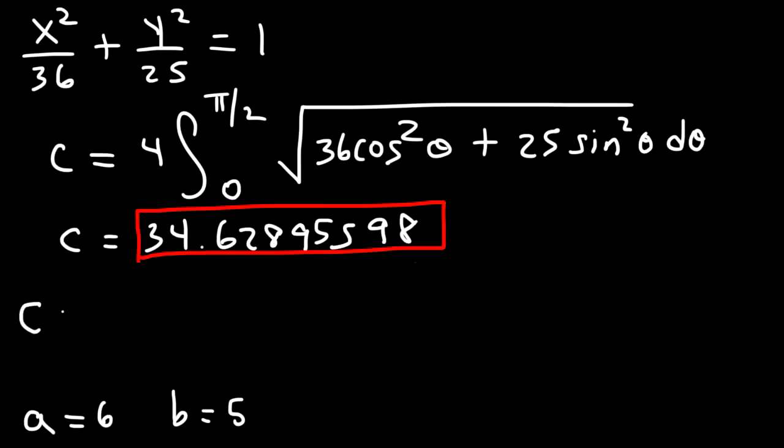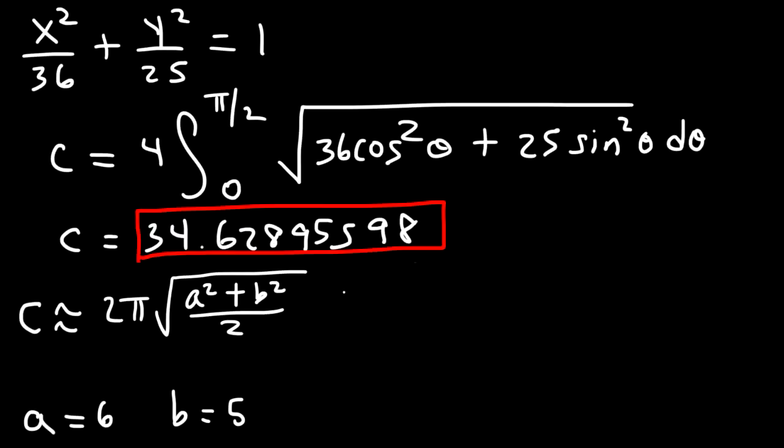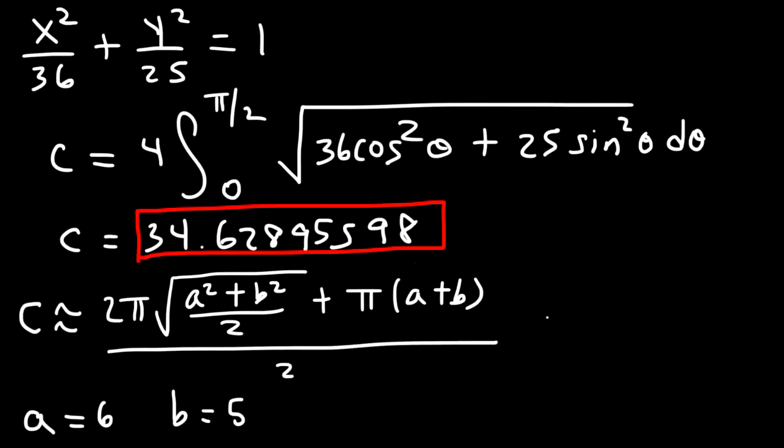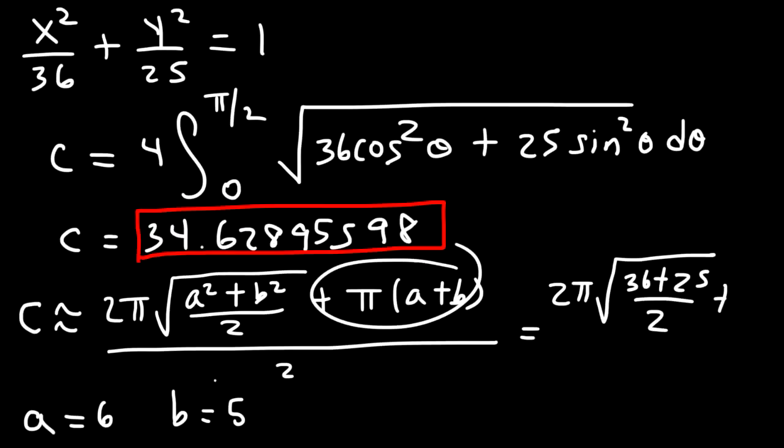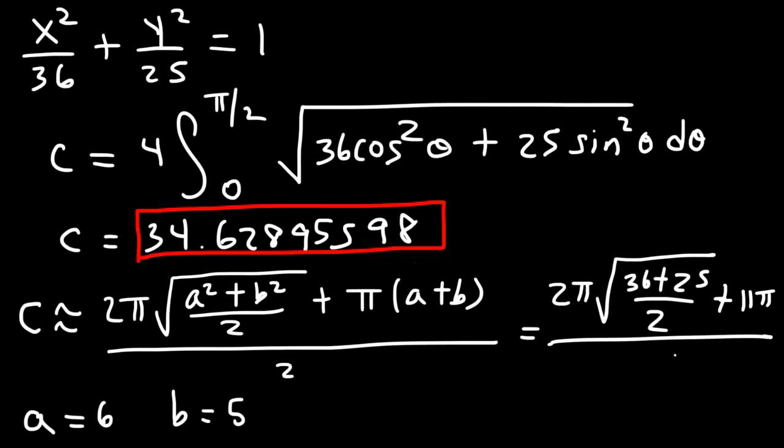Now let's use that other equation. C is approximately equal to 2 pi times the square root of a squared plus b squared divided by 2, plus pi times a plus b, all divided by 2. So a is 6, which means a squared is 36, b squared is 25. And we know this is going to be 11 pi, divided by 2.